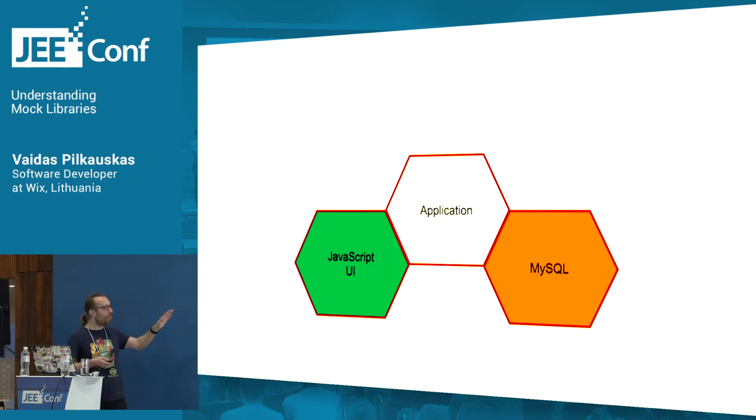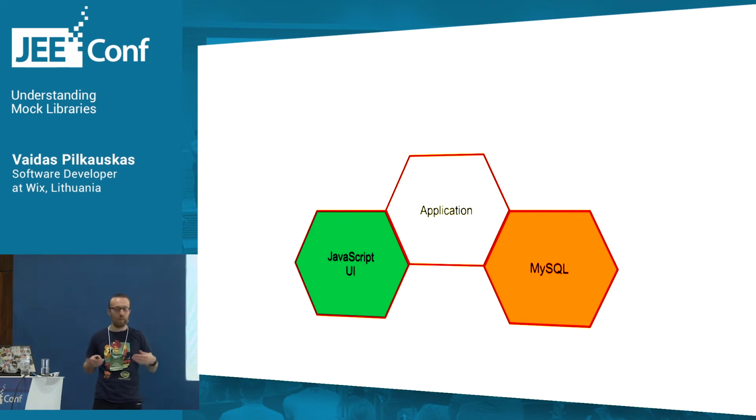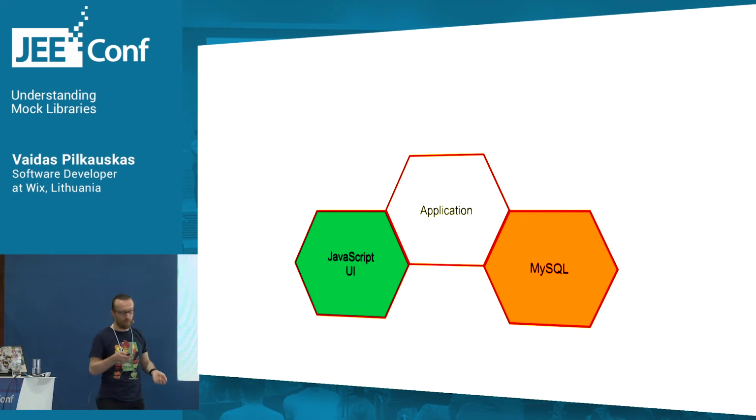We can go further and say the same about the JavaScript UI. We can even develop the JavaScript UI as a single page application separately, which has its own tests. It can run some integration on its own level. It abstracts the browser and abstracts some display logic from us.